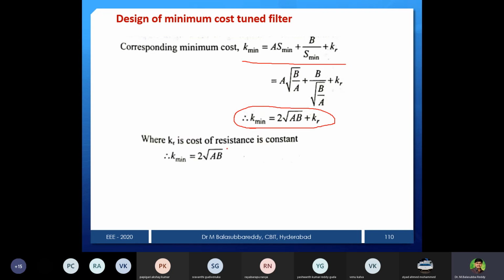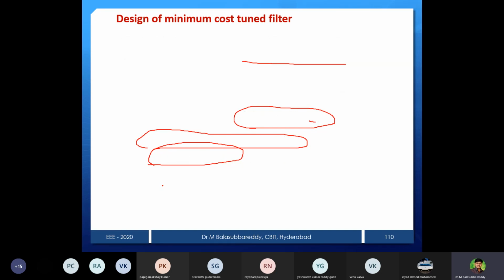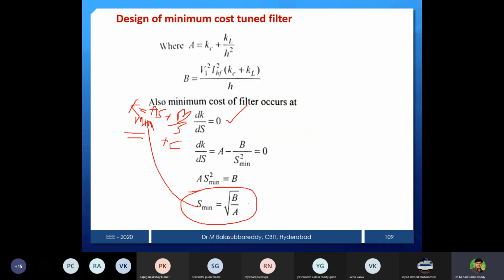Only thing is we can say that the cost of the resistor is a constant. So you can add that parameter here, or directly you can consider K minimum cost is equal to 2 root B by A. So what is the A value and what is the B value? You know that from the previous one. This one is A and this one is B.